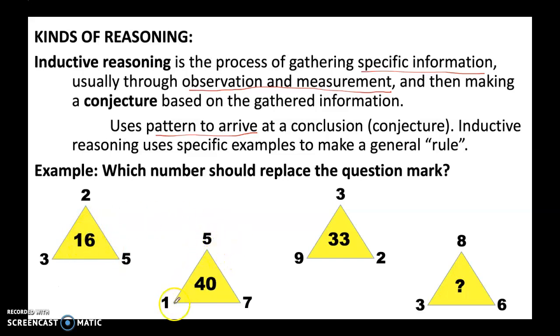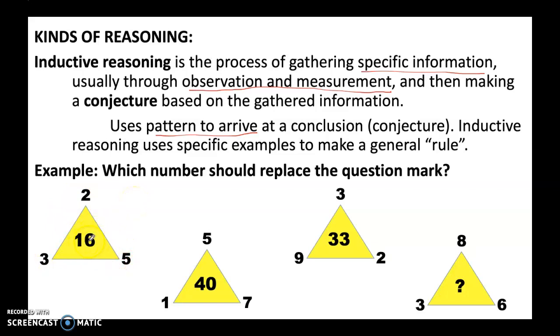We have 5, 1, 7, then 40. 3, 9, 2, we have 33. Then we have 8, 3, 6, then question mark. So how can we get the number inside the triangle pertaining to the numbers on the triangle?